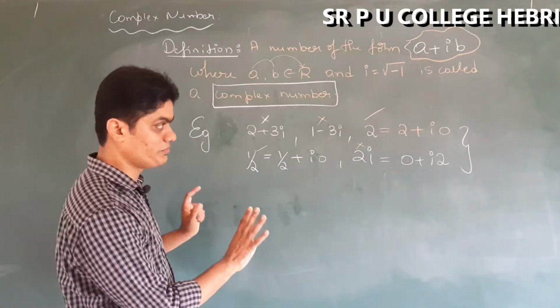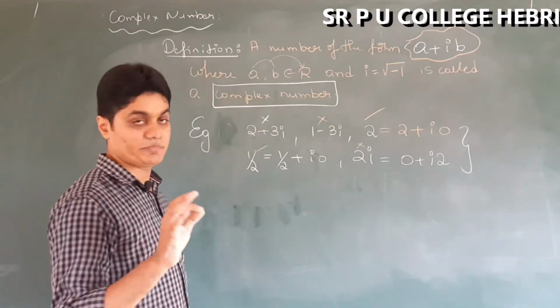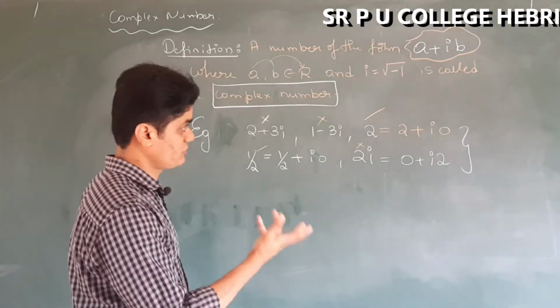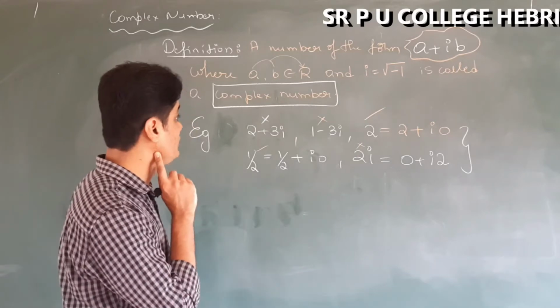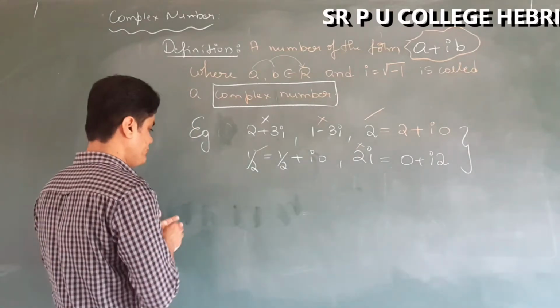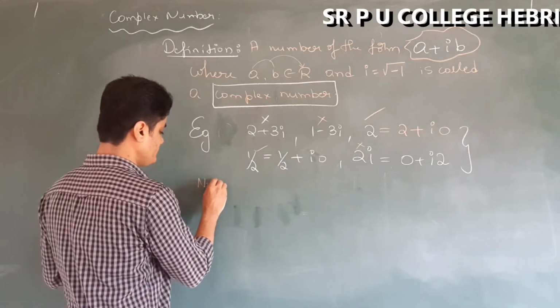So now I am going to define what I mean by complex number system. A number of the form a plus ib, where a and b belong to R and i is equal to root of minus 1, is called a complex number. Okay, I'll give you one piece of information here. I'll give you this as a note.